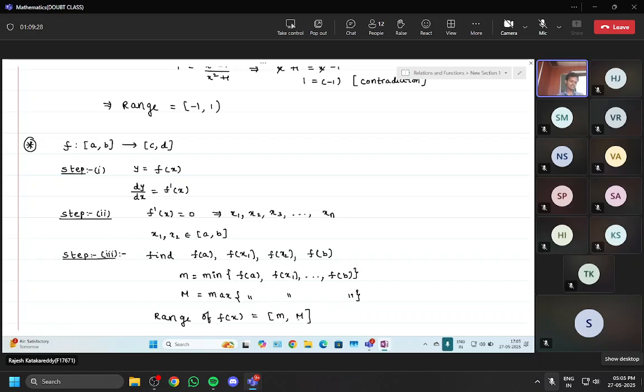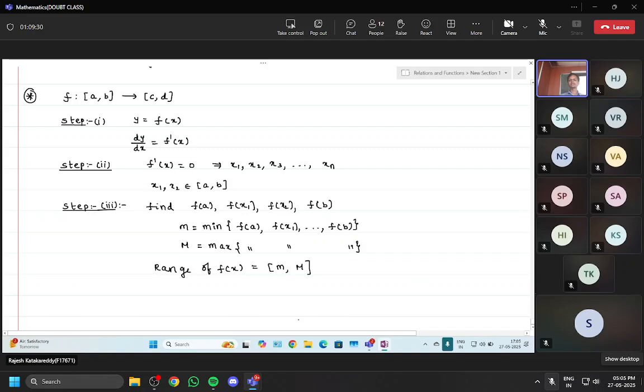See, in some situations, while finding range, we will find the domain to get some idea about the function, right? In the same exercise, 10th problem, 8th subdivision, the function f of x is equal to log base 2. Inside log base 2, we have root of x minus 4 plus root of 6 minus x.